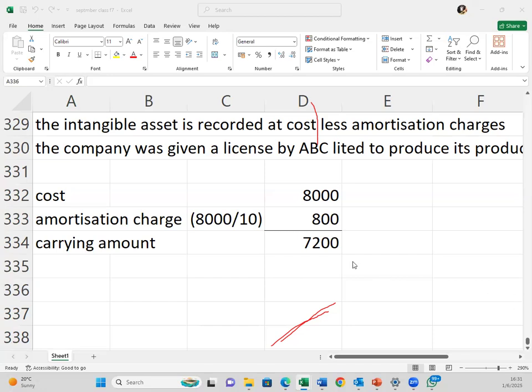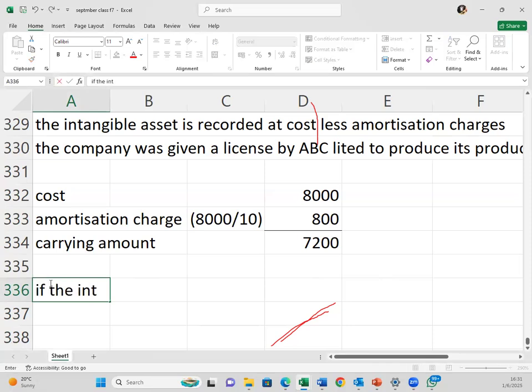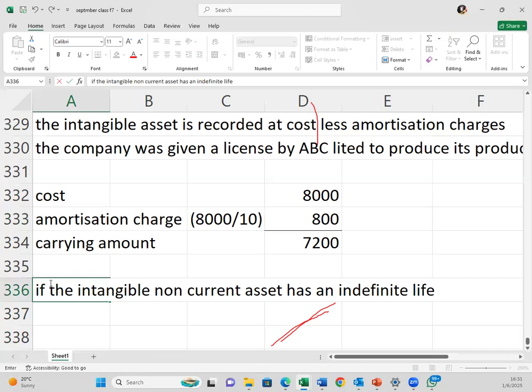This cost model is more ideal, but if the intangible non-current asset has an indefinite life, we are saying we don't know for how long we are going to be getting these benefits.